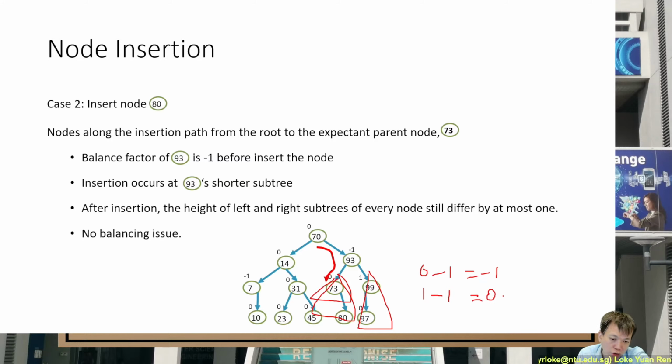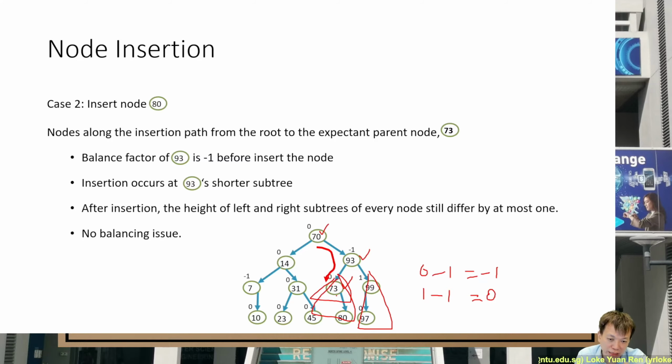So overall, along this path, because every time you insert a new node, you only affect the balance factors of nodes along this insertion path. That means you only will affect 70, 93, and 73. These 3 nodes, after you insert 80. The rest you don't need to care about.